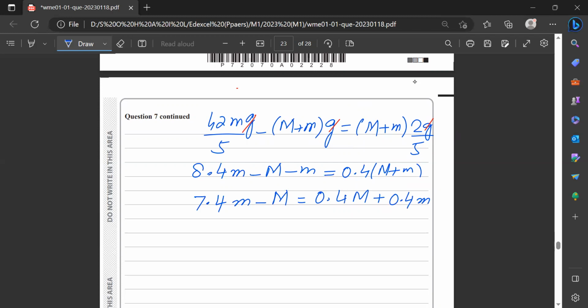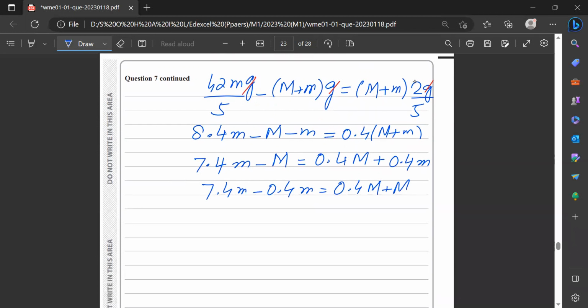So I can simplify: 7.4m minus 0.4m equals 0.4 capital M plus M. You can use another letter other than capital M. So then 7m equals 1.4M.